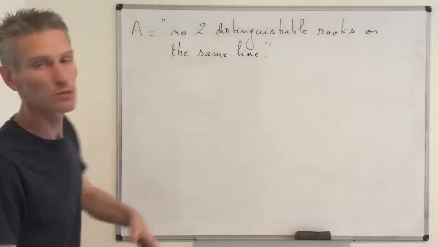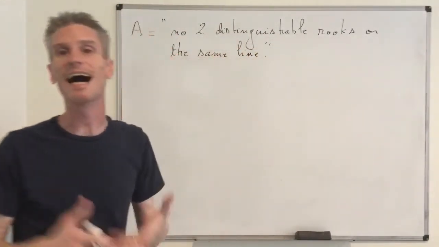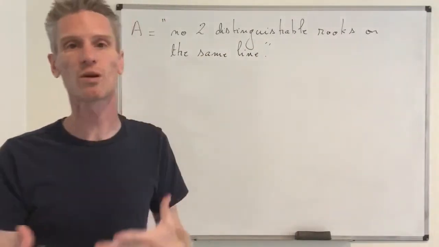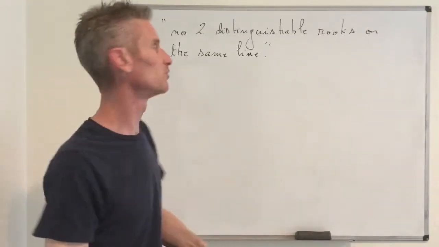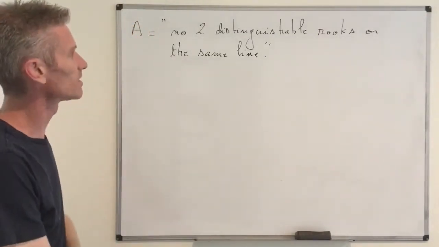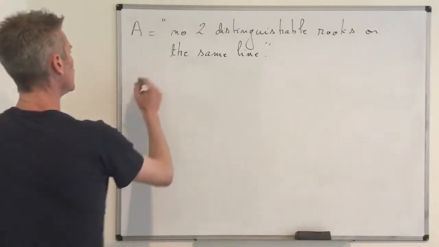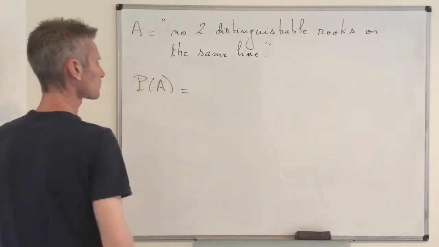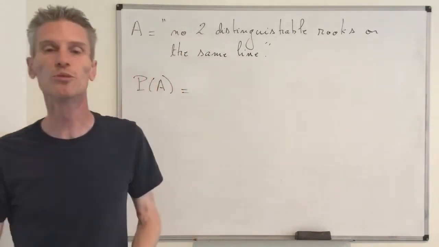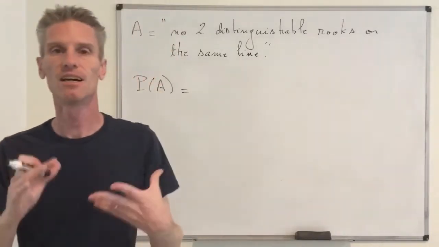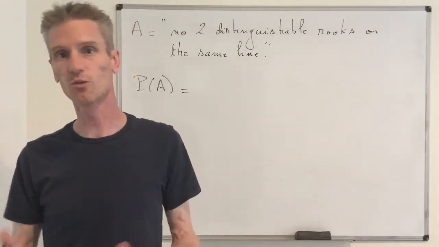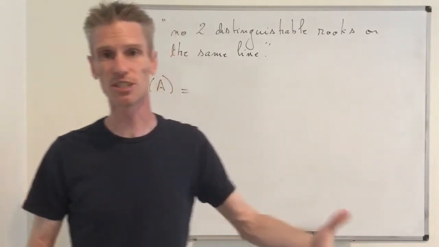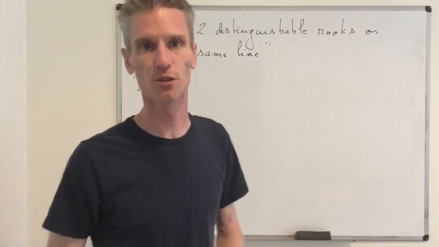And of course, we'll see that when we assume that the rooks are identical, not distinguishable, in fact, even if the counting process is different, the probability is going to be the same. So in this case, summarizing what we did, the probability of A is equal to the following. We said that the total number of ways we can put those 8 rooks on the chessboard with no restriction, sequentially, is 64 possibilities for the first one, 63 for the second one, and so on.